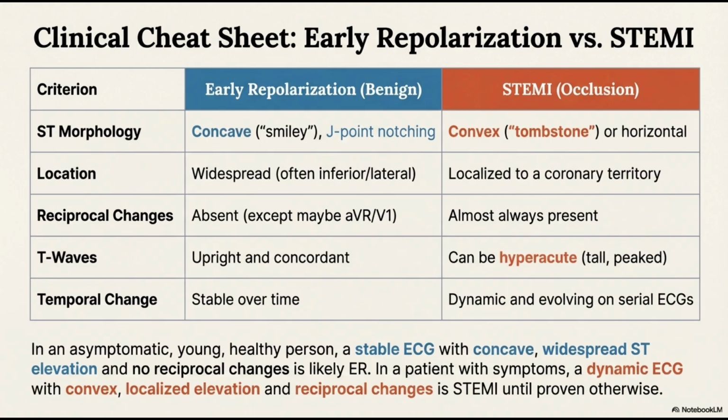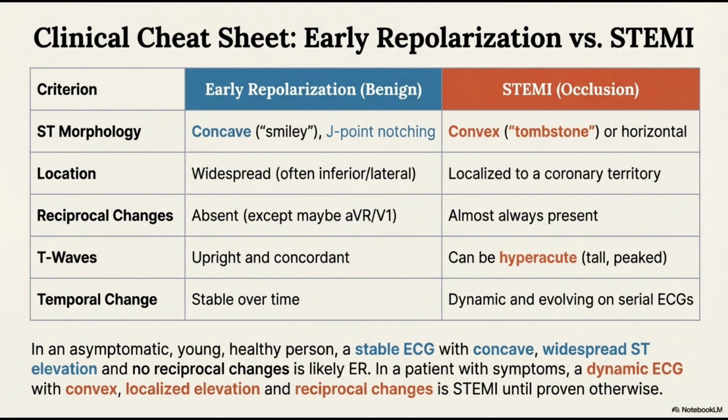The elevation is strictly localized to a specific coronary artery territory. And reciprocal changes are almost always present. Always, acting as that mirror image. And the pattern is dynamic. It is evolving rapidly on serial ECGs, sometimes minute by minute.